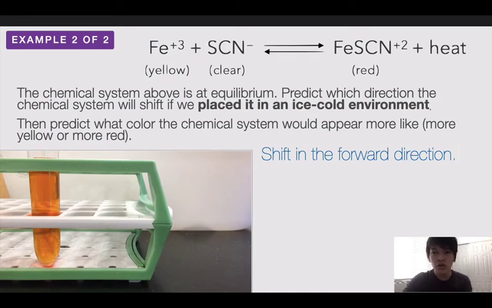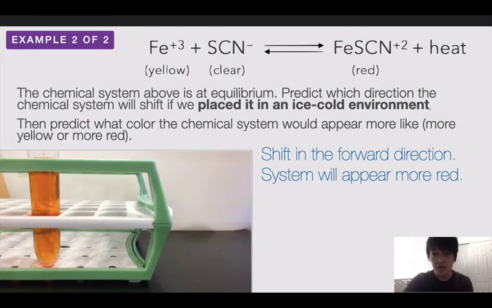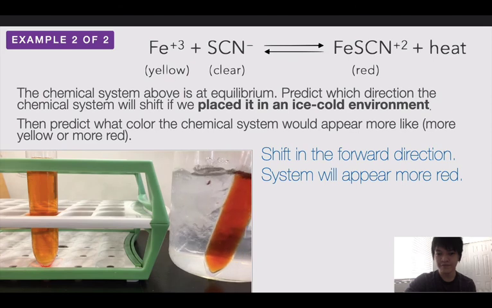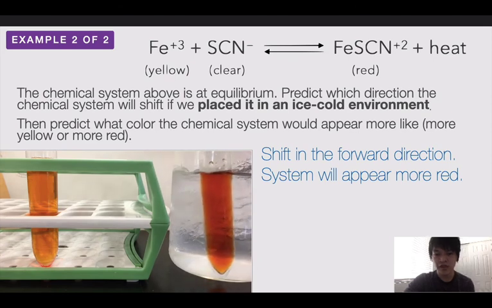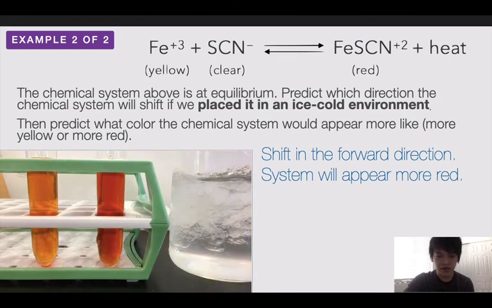This is going to result in the system appearing more red because the FeSCN2+ ion is red in appearance. Let's verify this with the clip below. Okay, so now that test tube is in an ice bath beaker, and there you go. You can compare and see that that chemical system is a lot more red compared to what it was originally. So we were able to predict that as well.